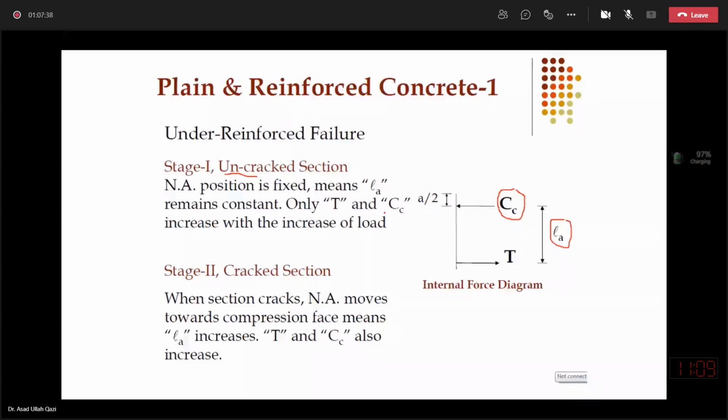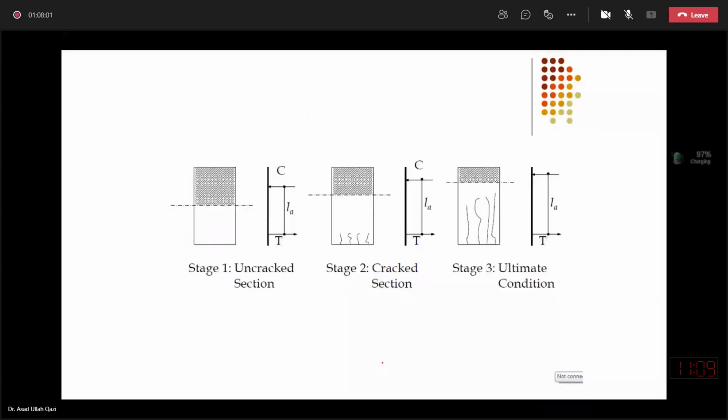When cracking will take place, neutral axis will start moving towards the compression face, means lever arm will increase, and also magnitude of forces are increasing. So as I said, when uncracked, T and C will increase, but LA is fixed.